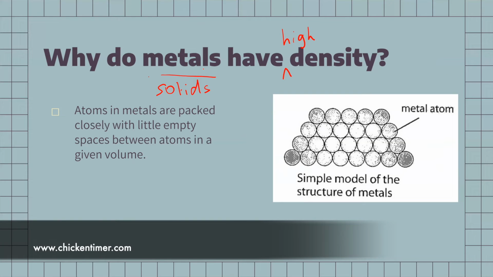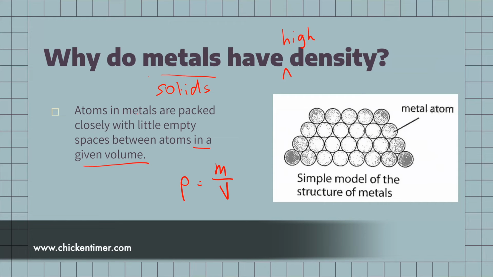Atoms in metals are packed closely with little empty space between atoms in a given volume. That explanation comes from here: density equals mass over volume. Density is mass divided by volume, so that's why we need to mention this.